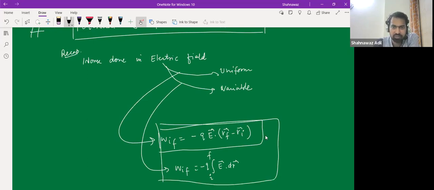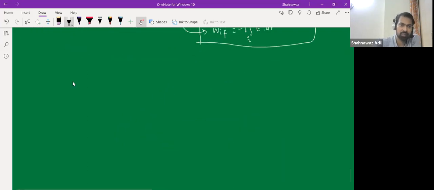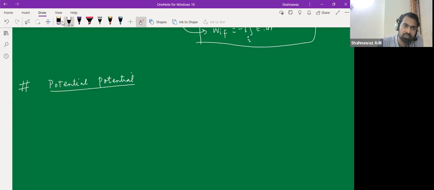Now let us come to potential and potential difference. So what is potential and potential difference? We know about potential, right? Potential is work done.